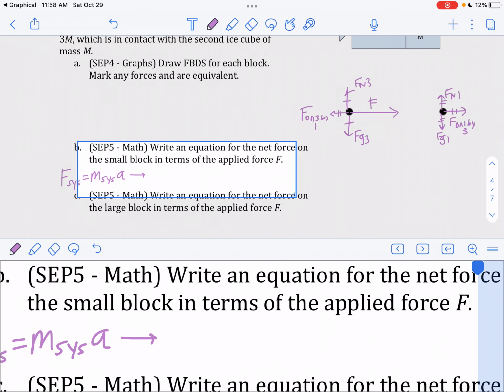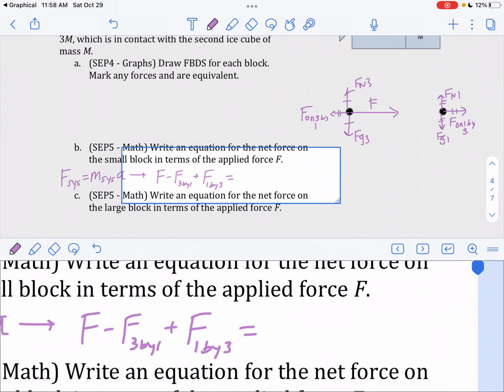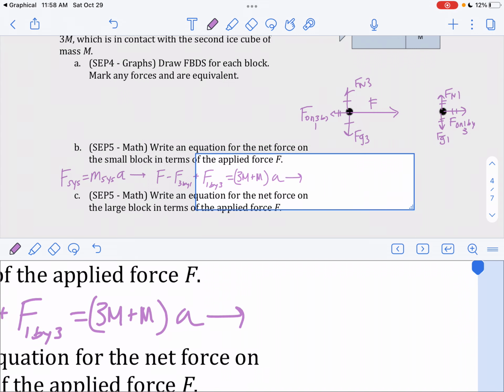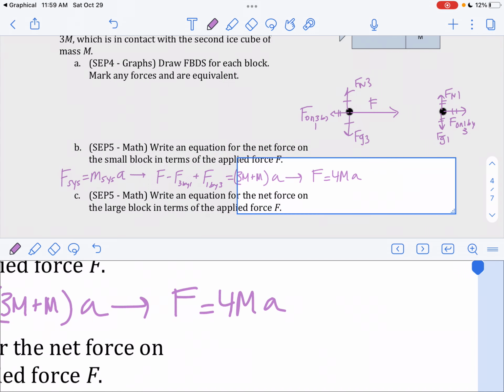And so the net force on the system would be F minus F on 3 by 1 plus F on 1 by 3. And then mass of the system is going to be 3m plus m. And so what we end up with is F is equal to 4m times a. And so that means acceleration of the system is F divided by 4m.